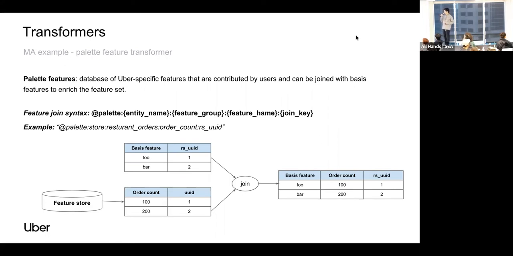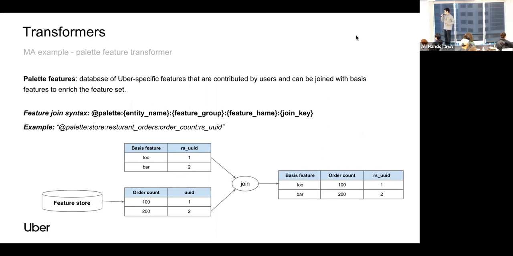The first part is a palette prefix, followed by entity name and feature group. Together, the entity name and the feature group define the Hive database and the Hive table that stores the feature. The third part, feature name, is just the column name in that Hive table you want to get the data from. And join key is the key you want to join this common feature data with some customized basis feature data set.